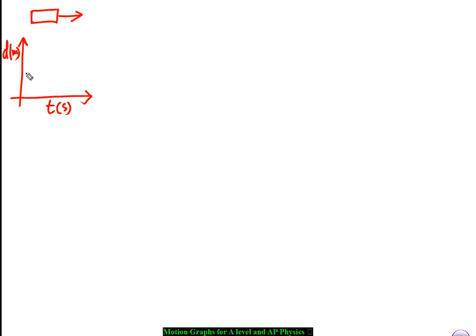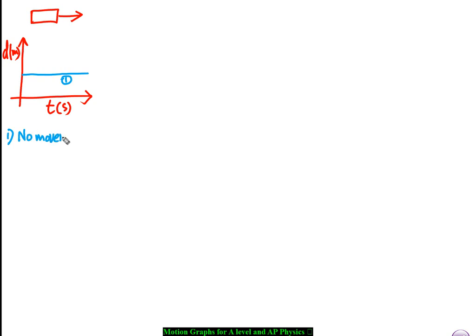Now, if I draw a horizontal line, let's say this is number 1, what is this line telling us? This one is simply telling you that there is no movement, meaning the body is at rest.